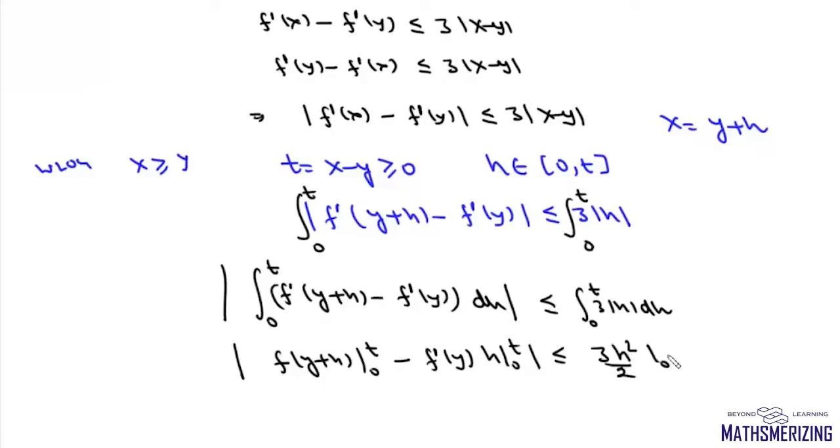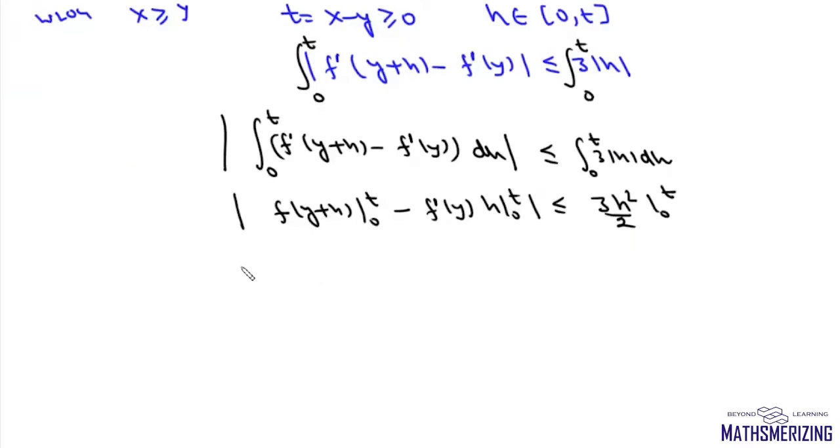h square by 2 from 0 to t, and it will be mod of f y plus t minus f y minus f dash y into t, which is less than or equal to 1.5 t square. Now t is x minus y.